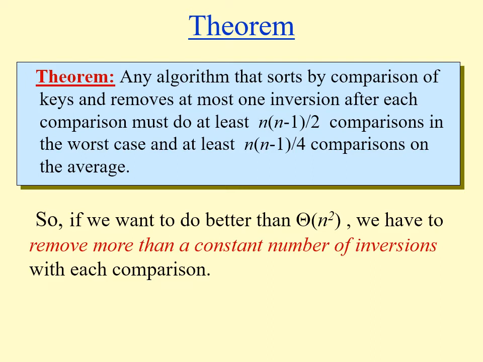If you can only clear 1 or 0 inversion each round, then your complexity will be always larger or equal to theta of n square, correct? So this is the conclusion in the end of the slides. So if we want to do it better than theta of n square, we have to remove more than a constant number of inversions with each comparison.